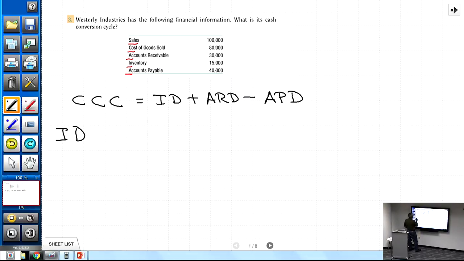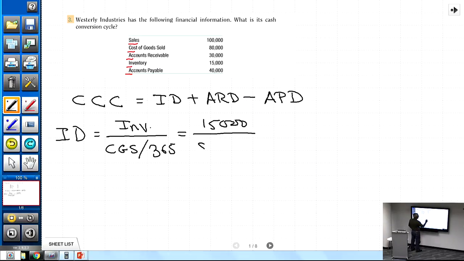So inventory days is going to be, we take inventory, divide that by cost of goods sold, but on a per day basis. So I divide that by 365. Inventory is 15,000.